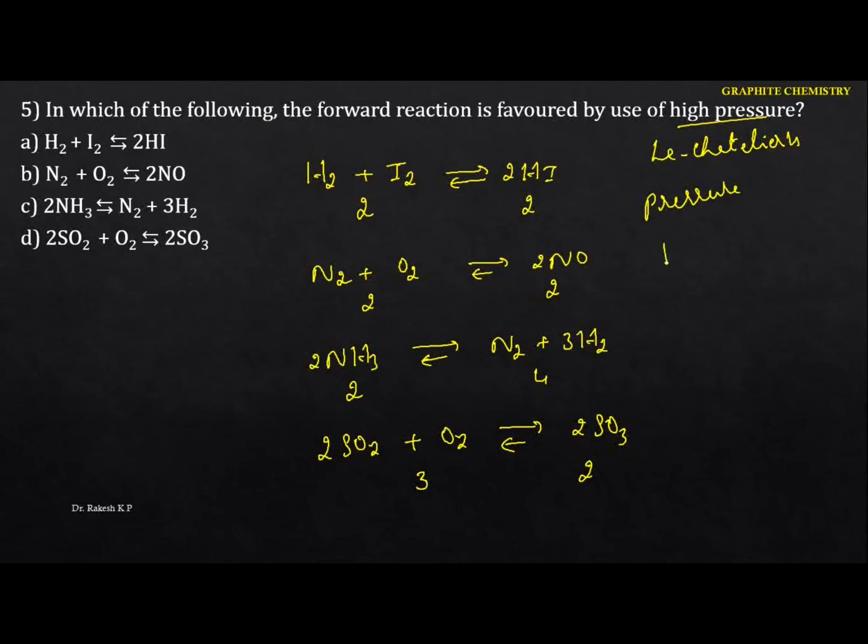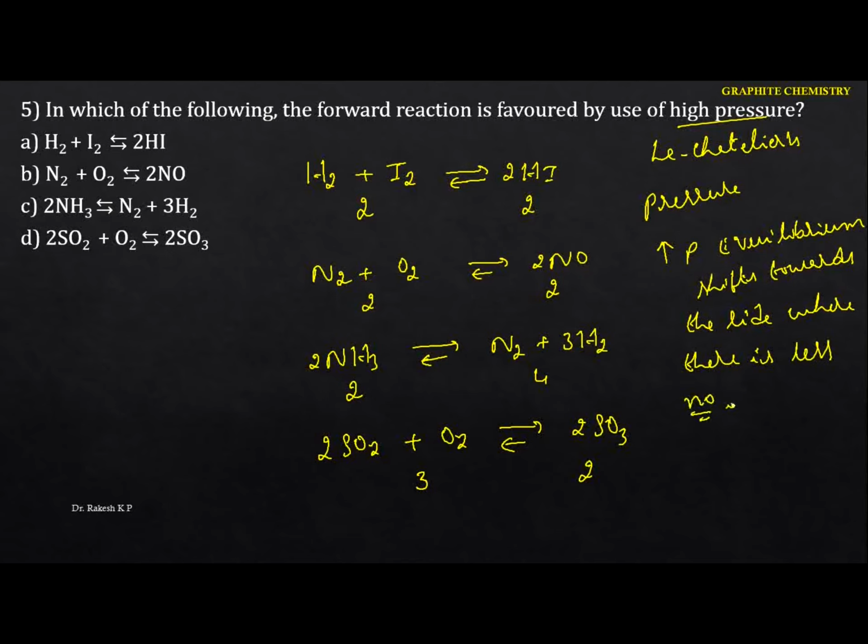As you increase the pressure, the equilibrium shifts towards the side where there is less number of gaseous moles. That's your gaseous moles. Just identify this one. So now you just identify here.